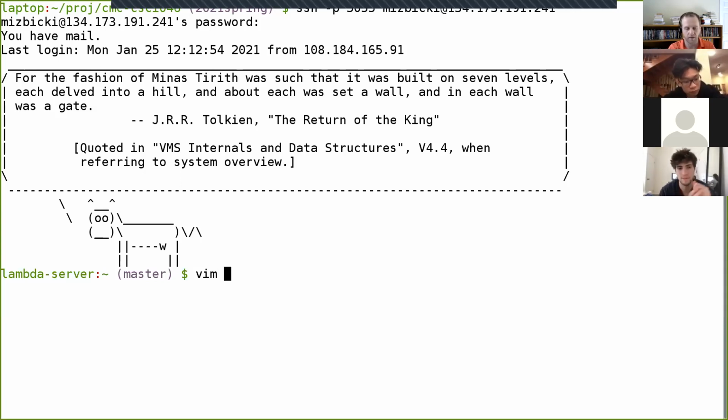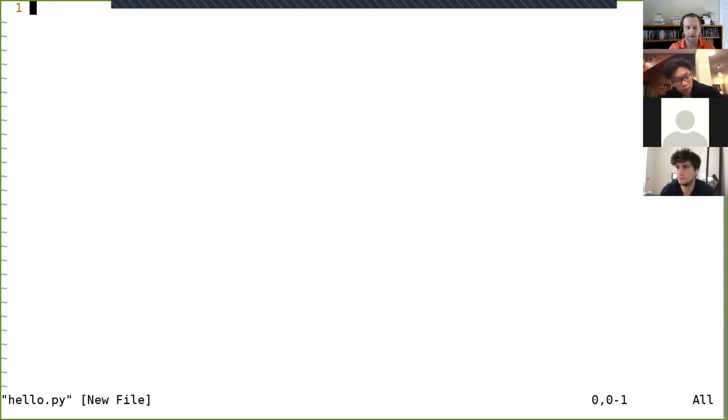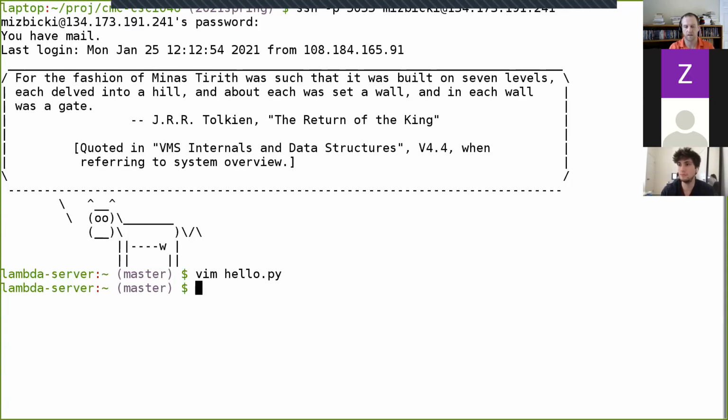So Vim, and then the name of the file that I want to edit, say hello.py. Then I can do whatever I want, print hello world like this, and exit. Now in order to run my Python program, I would type python3 and then the name of my Python program, and it outputs it like this.